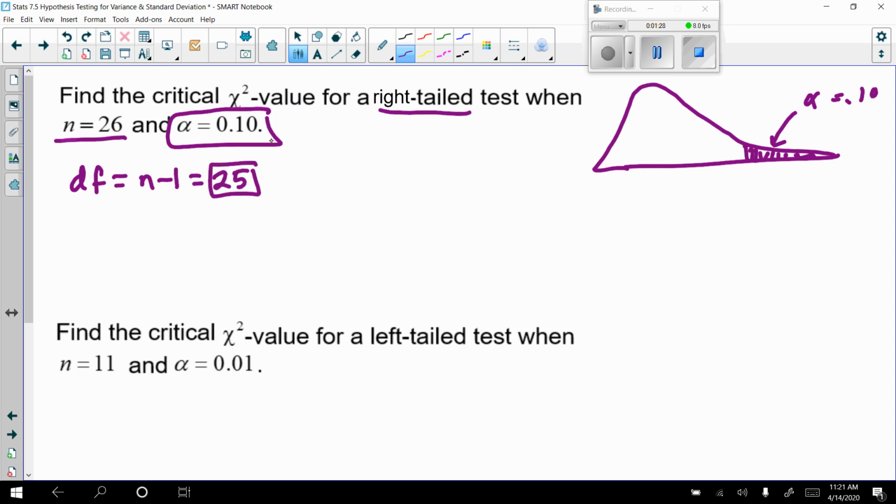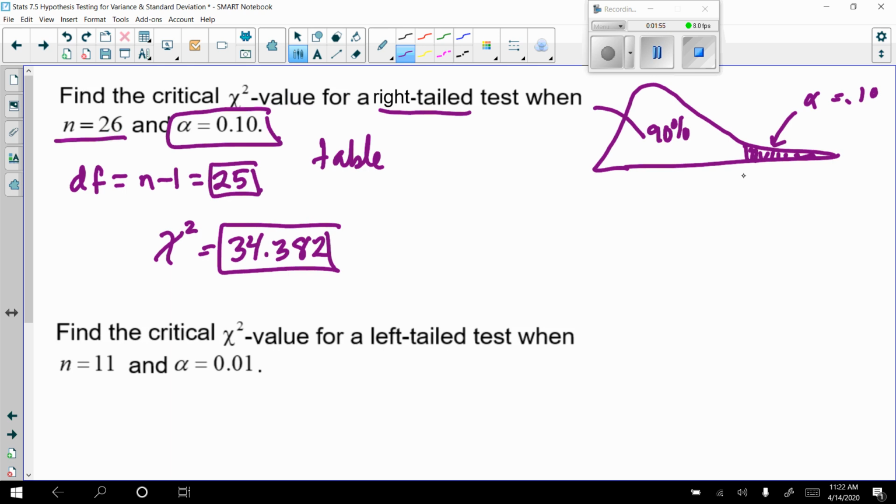So using an alpha level of 0.1 and degrees of freedom of 25, we need to look on the table to find where 90% is to the left, which gives us a chi-square value of 34.382. That means this value right here is 34.382, and any number that is in this region, this is the rejection region.